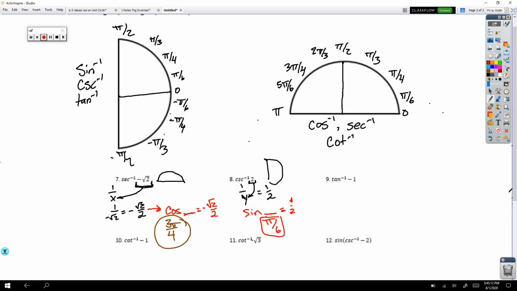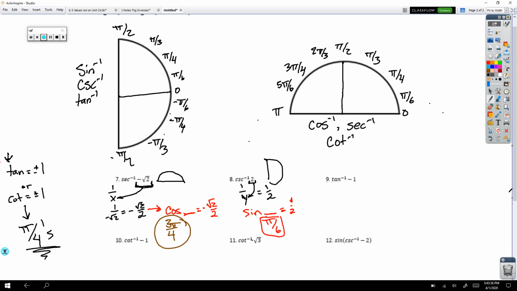Now, tangent and cotangent is a little bit trickier to deal with. But remember I told you all that tangent equaling 1 or negative 1, or cotangent equaling 1 or negative 1, has to go with your pi over 4s.